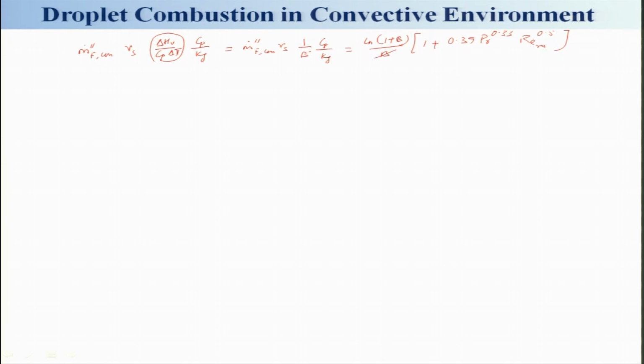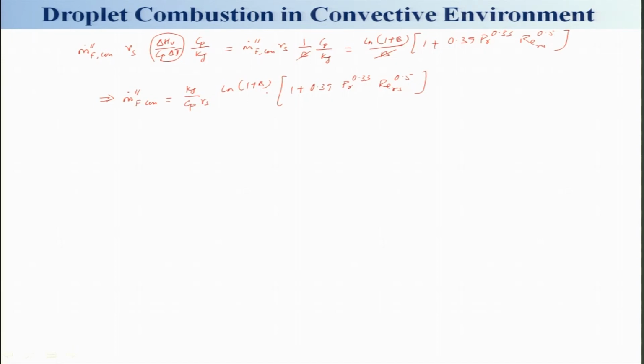So, this will cancel out and you can get a relationship which will be m dot F convection is equal to Kg by Cp Rs, I can take to this side, and then the rest of the terms, that is ln 1 plus B, 1 plus 0.39 Prandtl number 0.33, Re Rs 0.5.